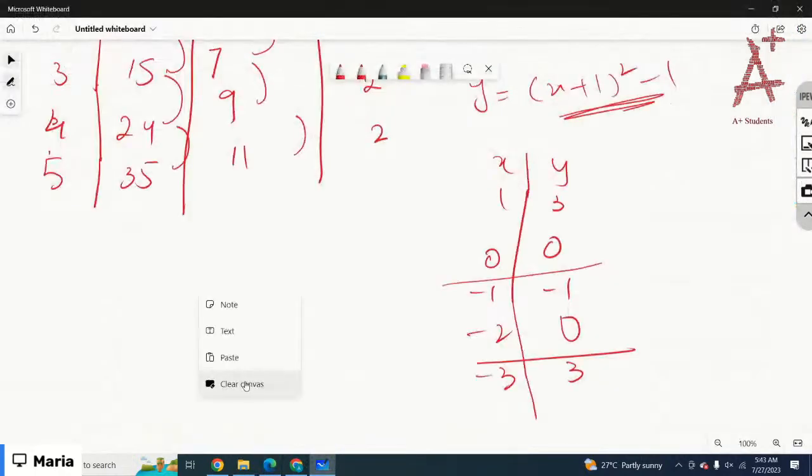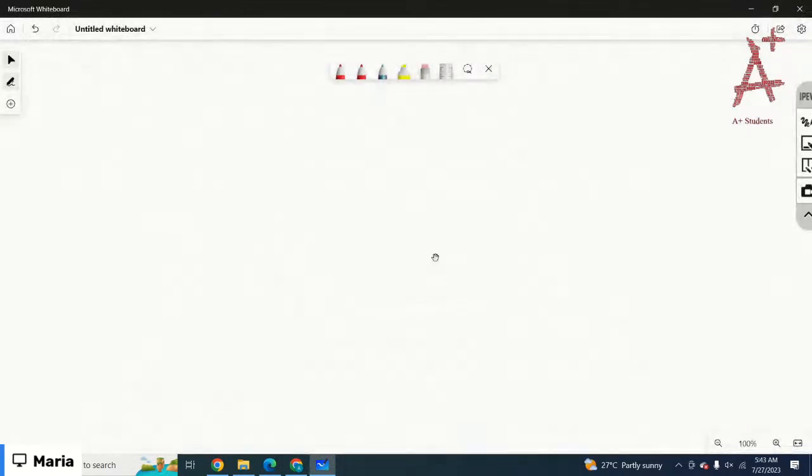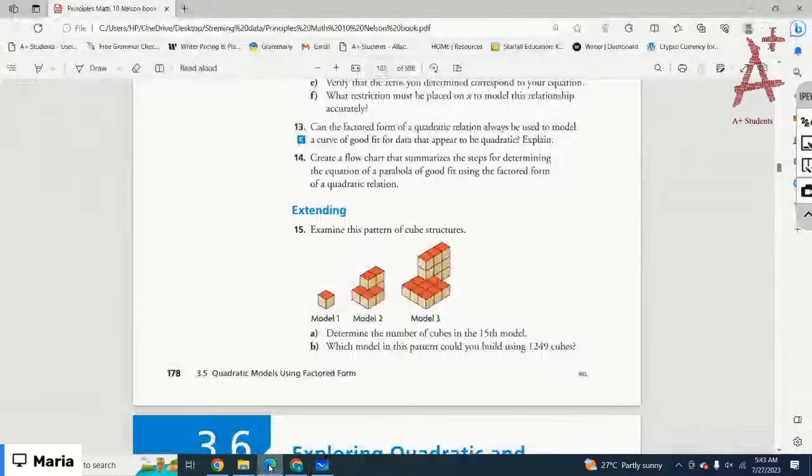It would be the number of cubes in one of these squared prisms is equal to 1 2 3 4 5.